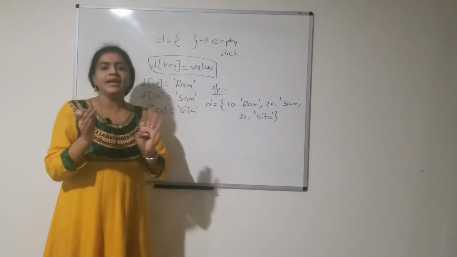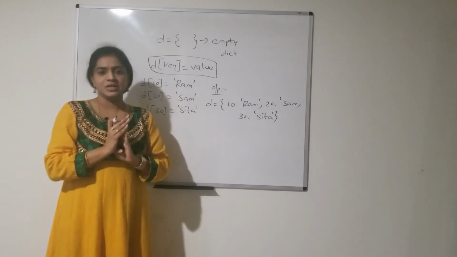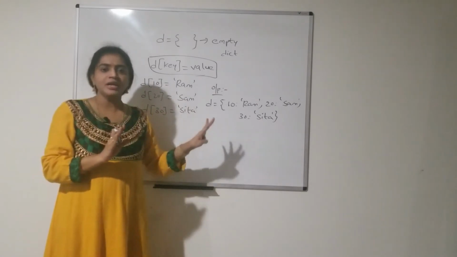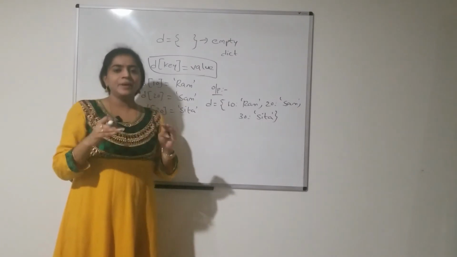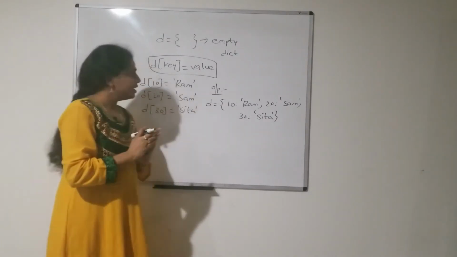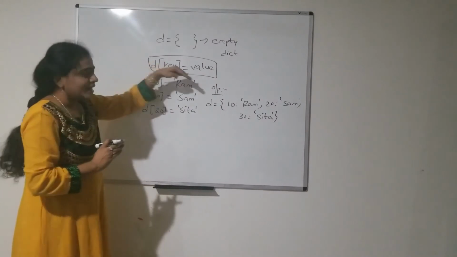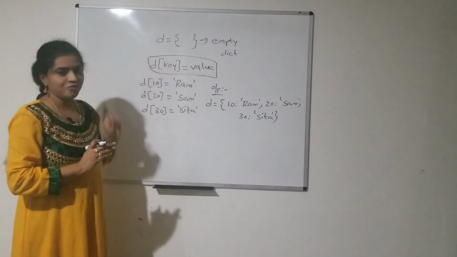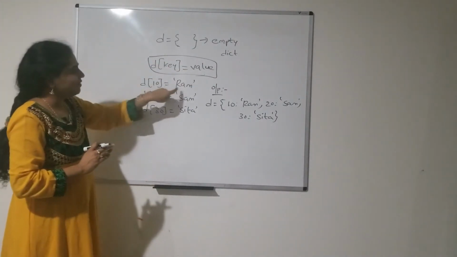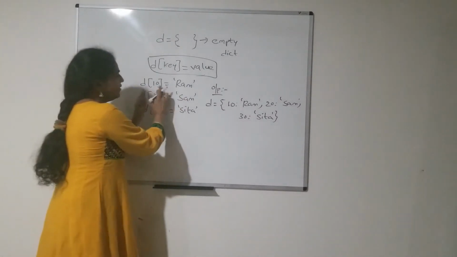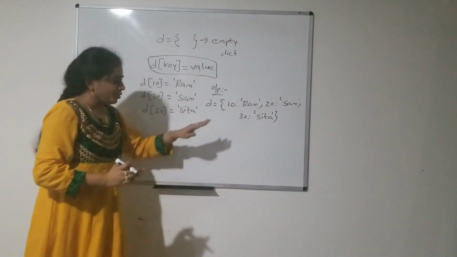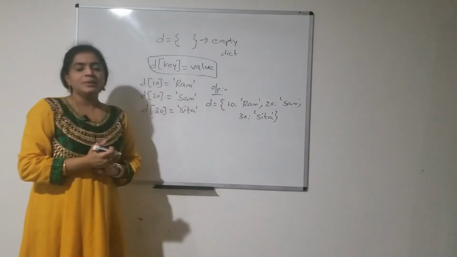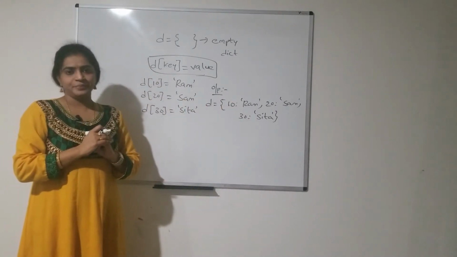You can take any data type to represent keys and values. There are no restrictions regarding key and value data types. But to insert the key values, this is the syntax you have to follow: D of key equal to value. That key value is represented like this: key colon value. In this manner, the values are represented in a dictionary.